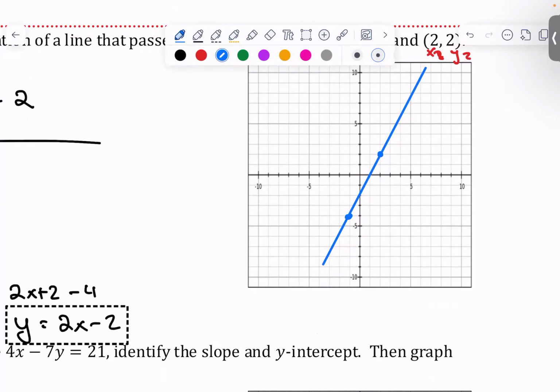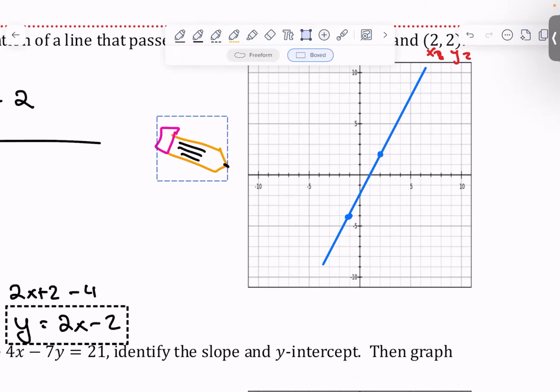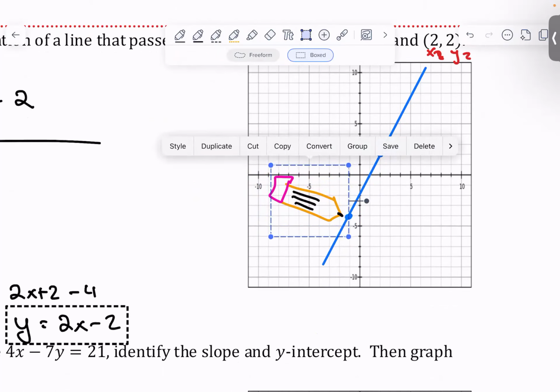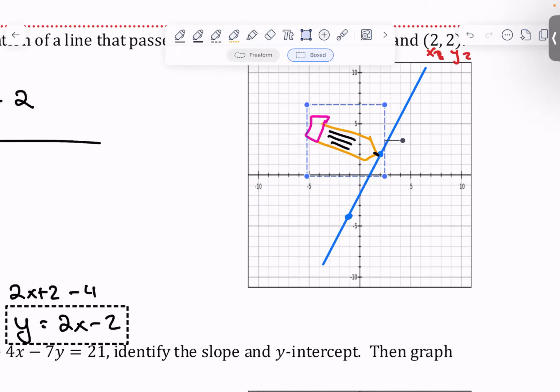If you've done this on ALEKS, if you haven't done this on ALEKS yet, it gives you this little tool, and it forces you to plot a point. So you'll plot this point, and then if you're given another point, like on this problem, you can just move it over to that point and plot it.